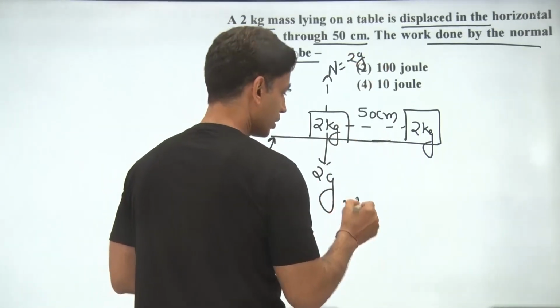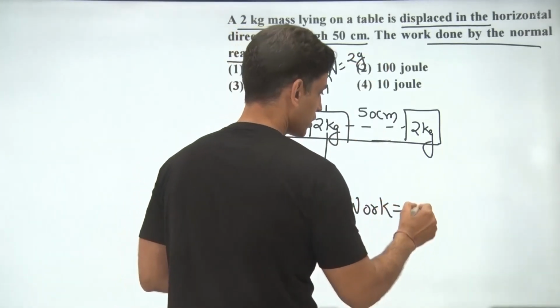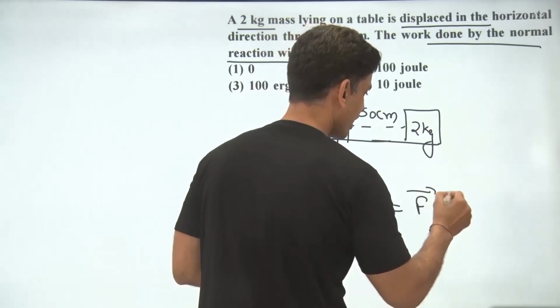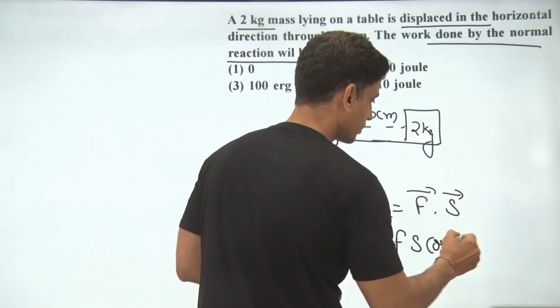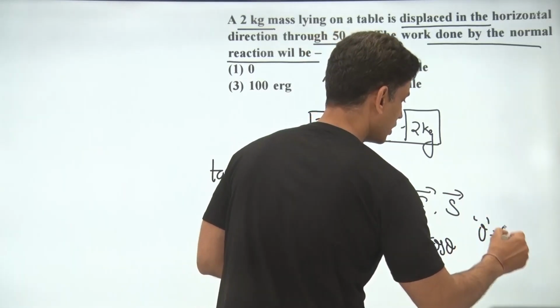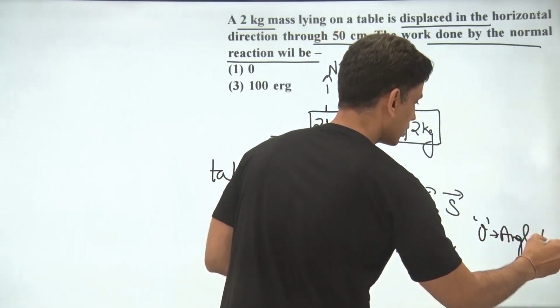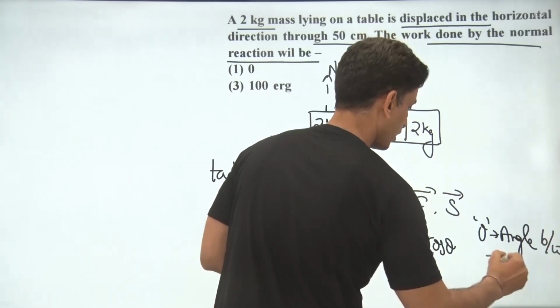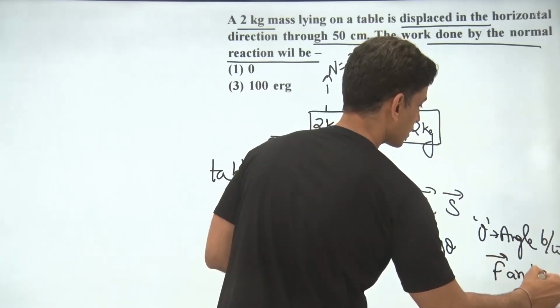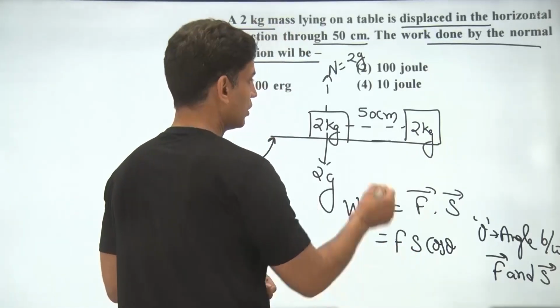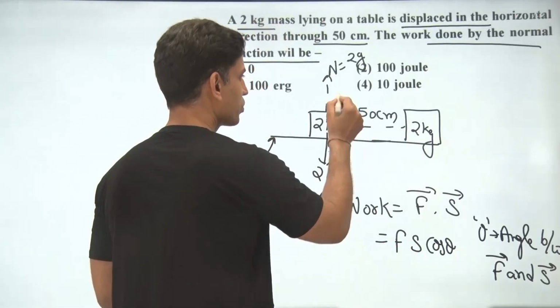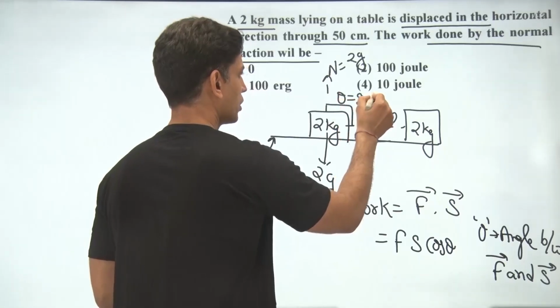Now work done is equal to F dot S, or it is F S cos theta, where theta is the angle between F and S. Now here, the normal reaction and displacement are mutually perpendicular.